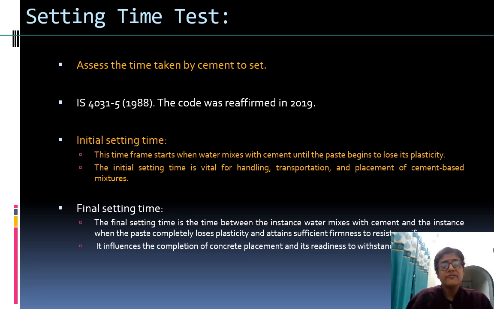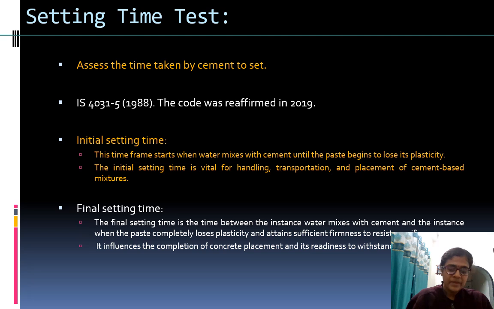And then there is a final setting time. Now what is a final setting time? It is the point when we add water to the cement and it completely loses its plasticity, sufficient to resist a certain amount of load, okay. This is an important factor.